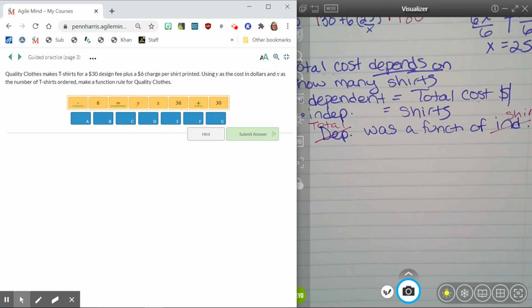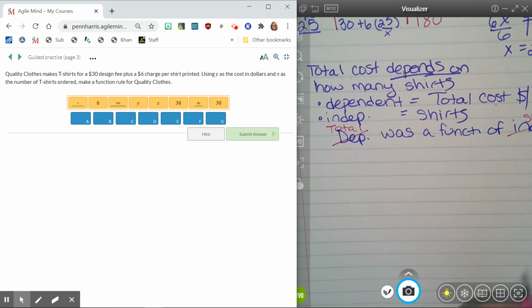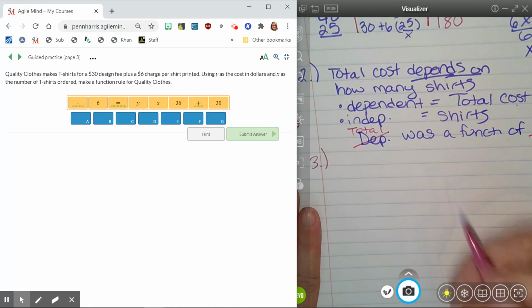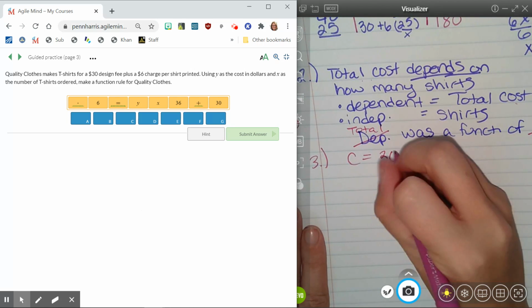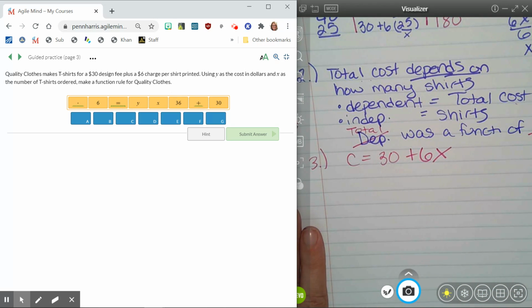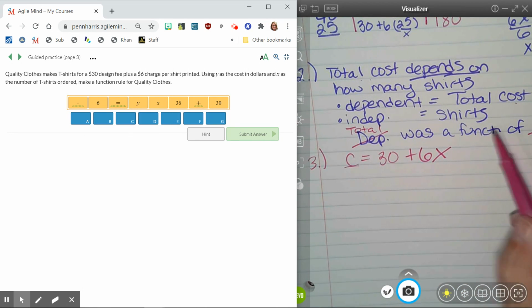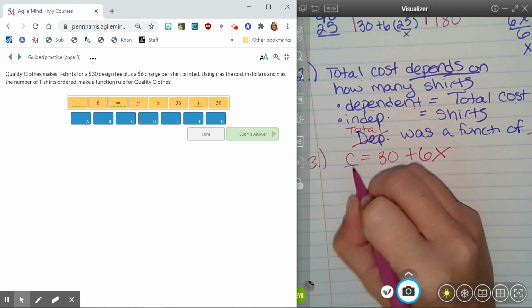All right, so now they want us to come up with the equation. Well, we kind of had this up here, guys. We know that my shirts, number 3 here, the whole total is going to cost me $30 processing fee plus $6 per shirt. In this case, we don't have a C though. Our total cost was our dependent variable, which is typically what we call the Y variable.